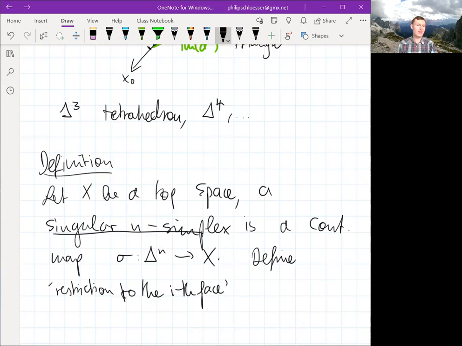And that is precisely the reason why it's called a singular n simplex, because in comparison to other simplices, we allow these ones to be non-injective and whatnot. We define the restriction to the ith face, d i of sigma, to be sigma composed with the inclusion of the ith face. And we call the set of singular n simplices S_n(X).